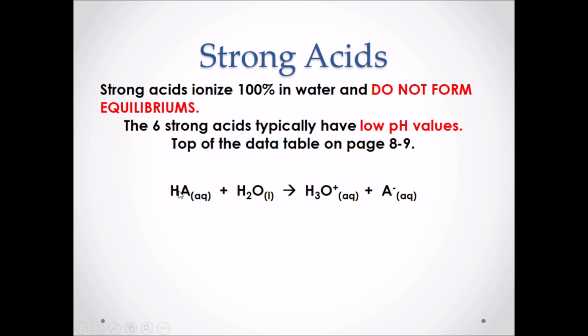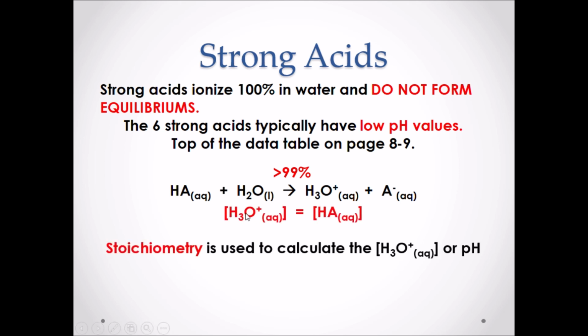If we look at the following general equation for an acid, if HA is a strong acid, this reaction will proceed 100% to completion, meaning the products will be greater than 99%. This is a quantitative reaction and is not in equilibrium.